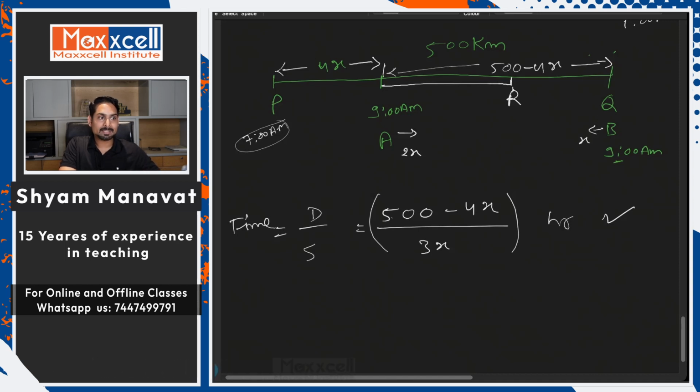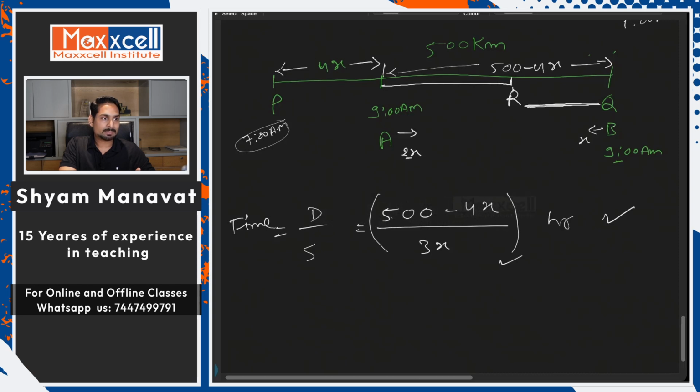Let me repeat this. When A is traveling, A alone has speed 2x, B alone has speed x. So with speed x, a car can cover the distance R to Q in these many hours.